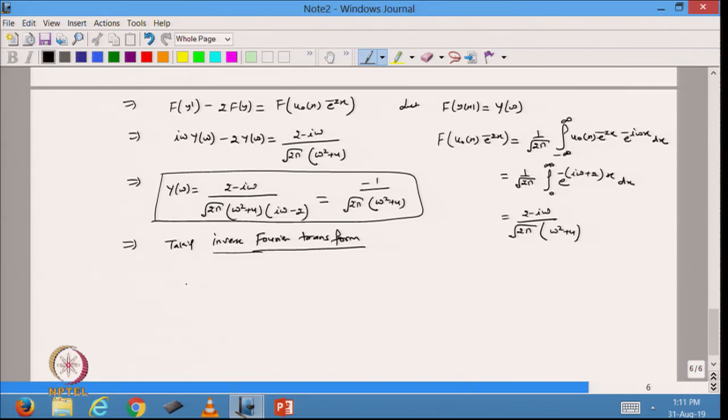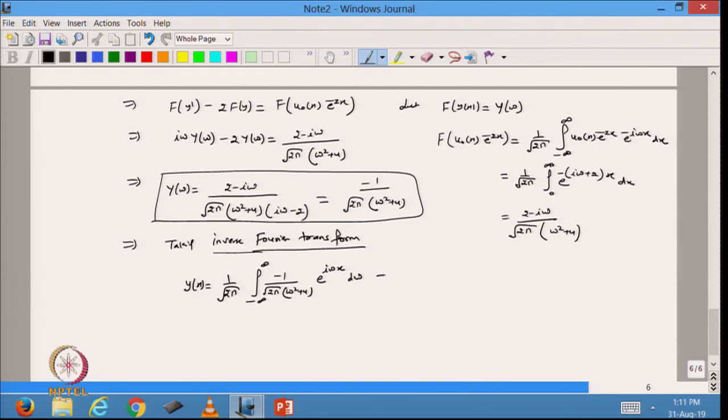After applying this one I will get the solution in terms of x. So, this is 1 over root 2 pi, integral from minus infinity to infinity, of the value I am going to get, minus 1 over root pi (omega square plus 4), into e raised to power i omega x d omega.